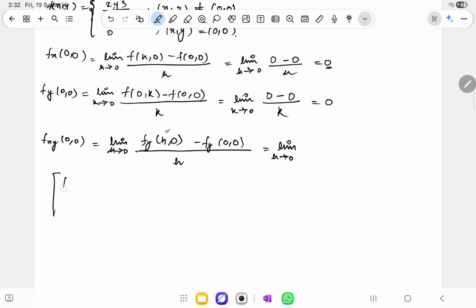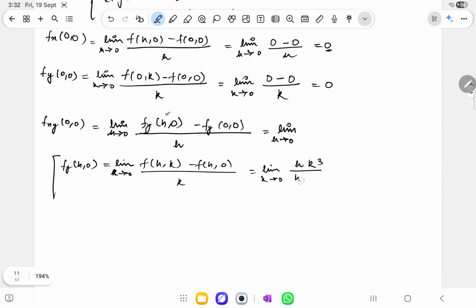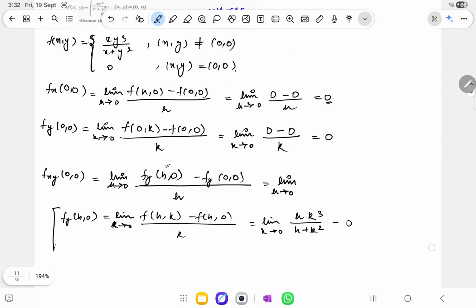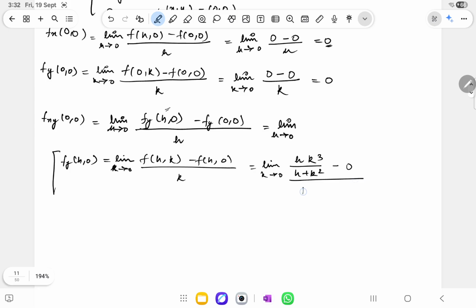So f_y(h, 0) will be equal to the limit as k approaches 0 of f(h, k) minus f(h, 0) divided by k, and f(h, k) will be h k cube divided by h plus k square, minus 0, since f(h, 0) will be 0 only, and divided by k. So the limit will be 0 only.